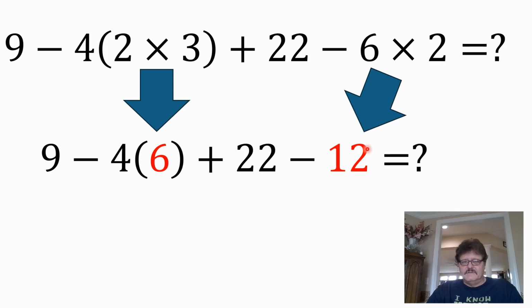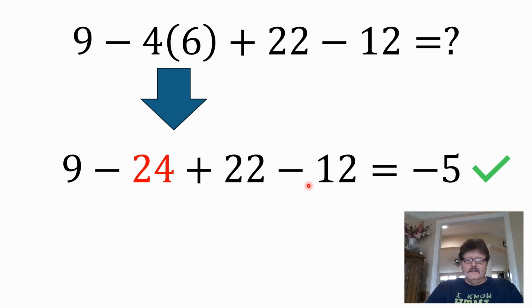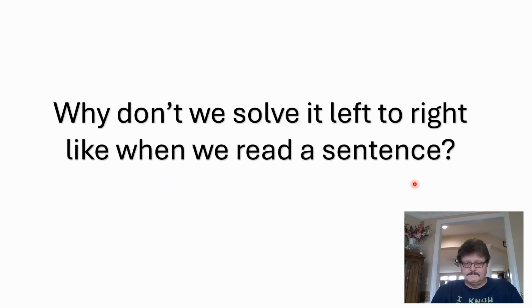But 6 times 2 is 12. So you're left with 9 minus 4 times 6 plus 22 minus 12 equals what? All right, well, we know that 4 times 6 is 24. So we've got 9 minus 24 plus 22 minus 12 equals negative 5. So the answer to this problem would be negative 5.